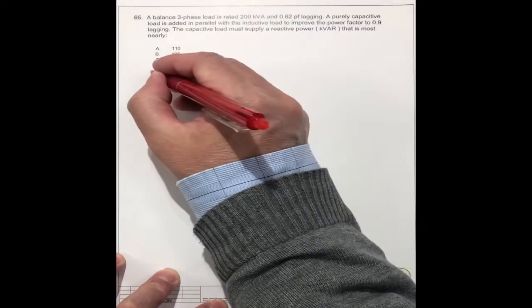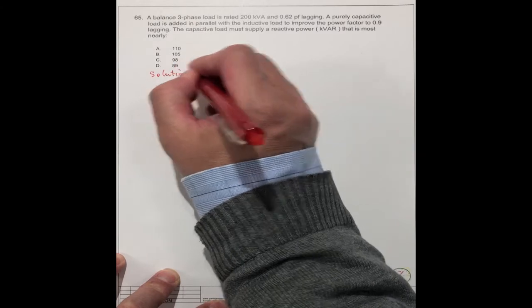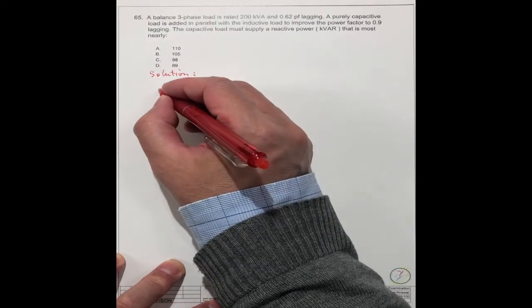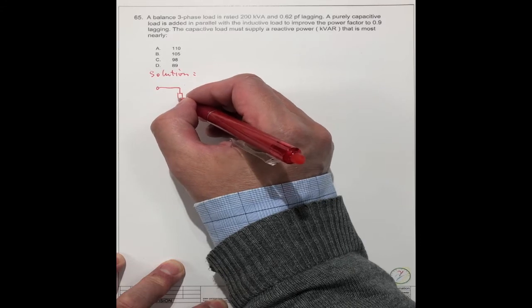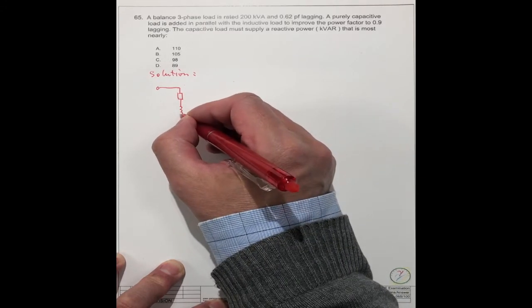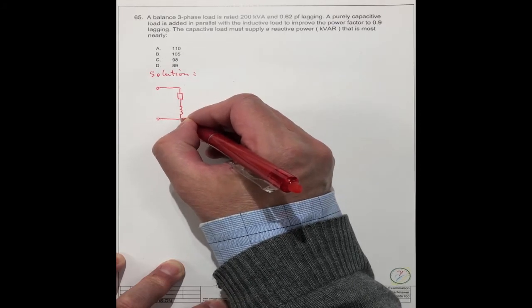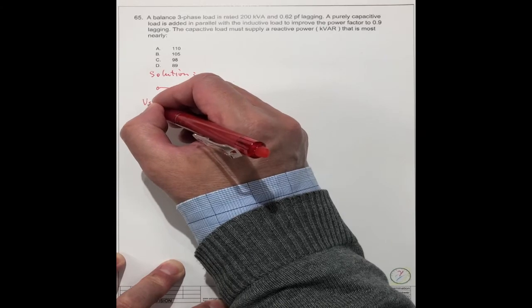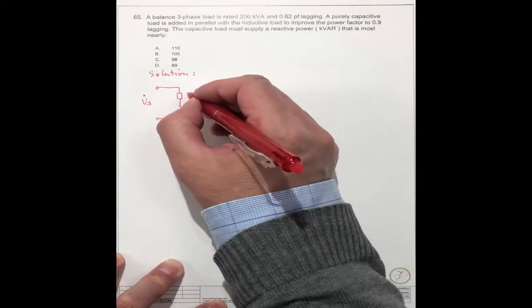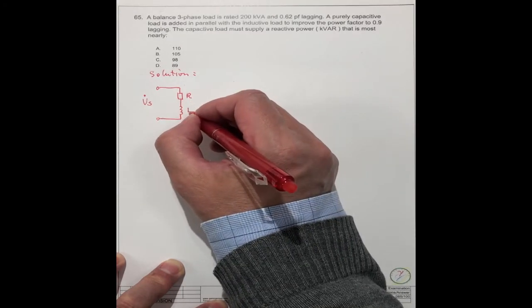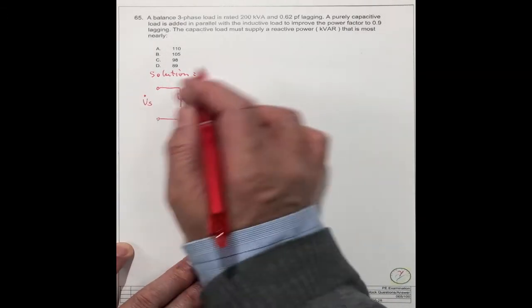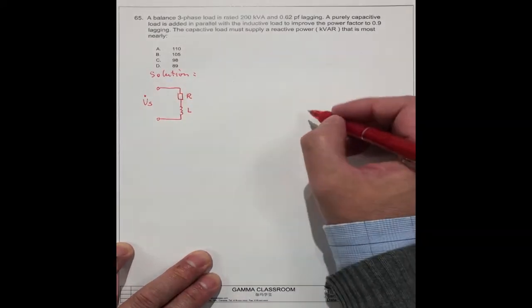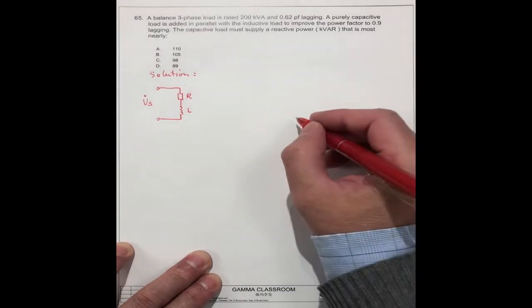So for this question, we can draw the diagram for the power factor. This is a resistor, and this is the inductive, L. I call this one the system voltage, Vs. The resistor has no phase change, so it should be the same phase as the system voltage.